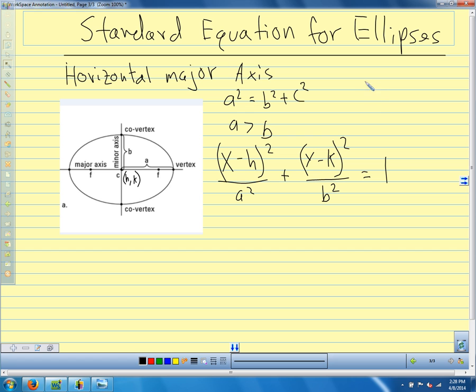So our bigger number is under x. So that tells us we have a horizontal major axis. Our center is at the point h, k.